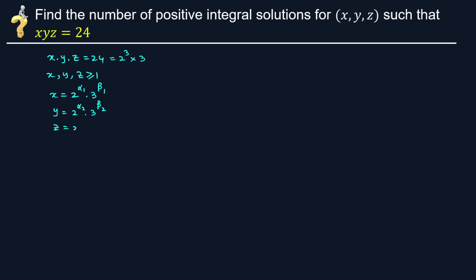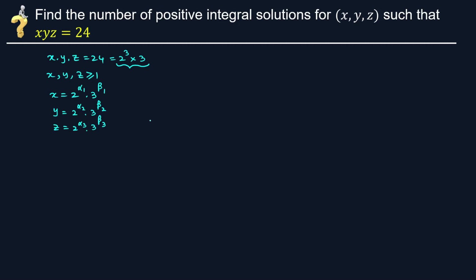And for z, it is 2 to the power alpha 3 into 3 to the power beta 3. What does this signify? It signifies that x, y, z will be either a multiple of 2 or a multiple of 3. It cannot be a multiple of 5 because 5 is not present in its prime factorization.